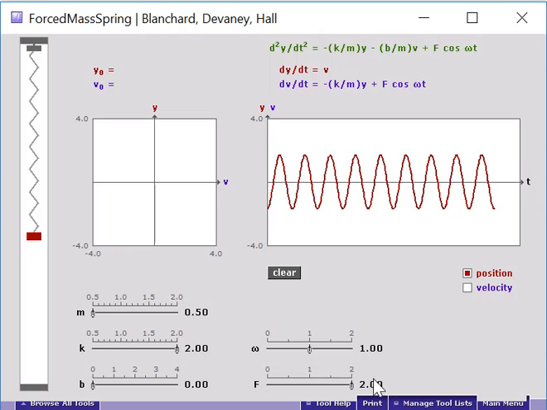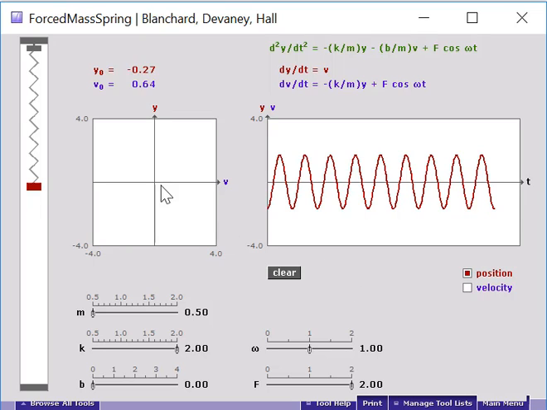The forcing frequency comes from cosine of t, so the forcing frequency would be 1 over 2 pi. So the natural frequency is 1 over pi, and the forcing frequency is 1/2 of that.